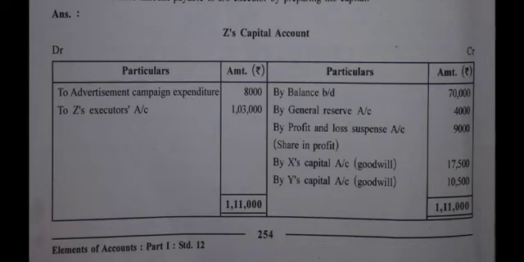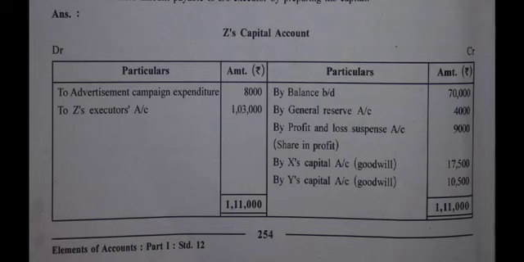This is actually, see, the accounting year has not been completed yet, but it has completed 9 months, of course, and the amount of profit is to be obtained at the end of the accounting year, but Z died before completion of accounting year. So this is the amount of estimated profit given to him on the basis of the last year's profit.